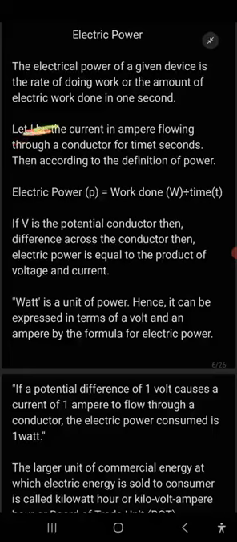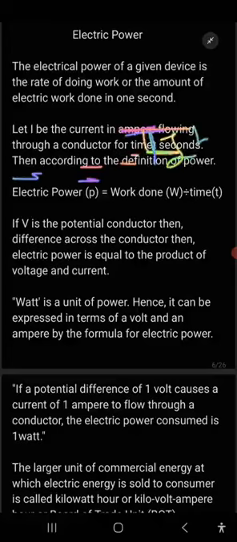Let I be the current in amperes flowing through a conductor for time t seconds.